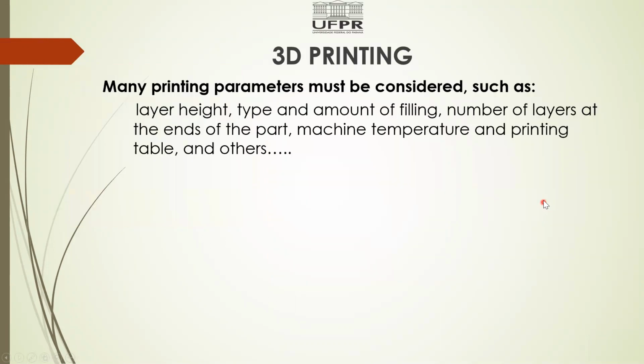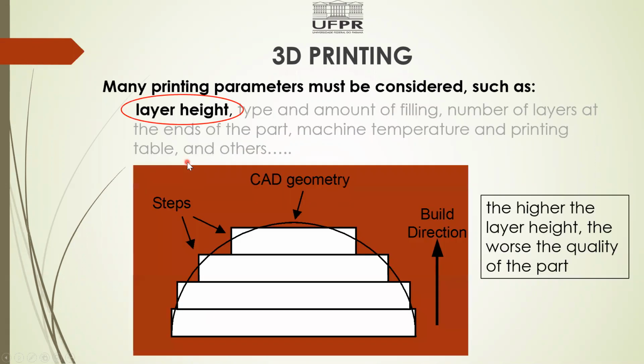It's very nice. And many print parameters must be considered in 3D printing, such as layer height, fill type, the amount of filling, number of layers at the ends of the parts, machine temperature, and print table temperature, and other parameters.